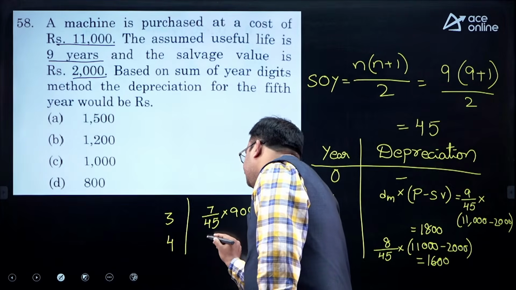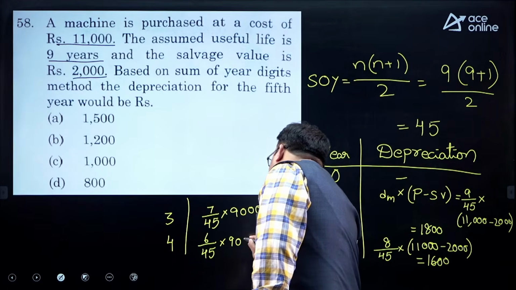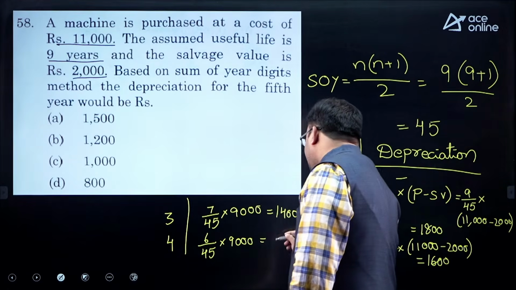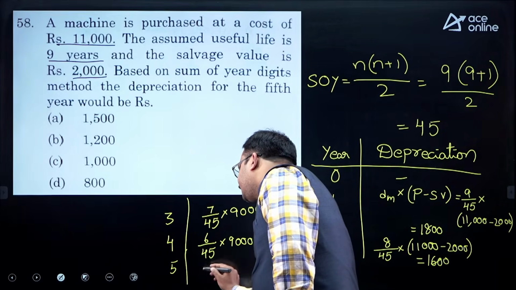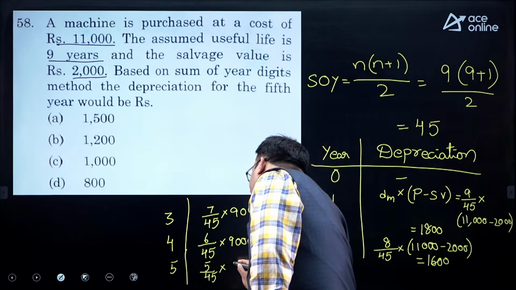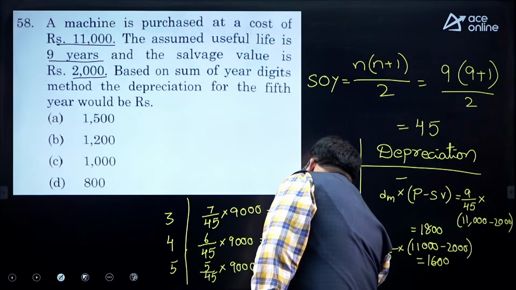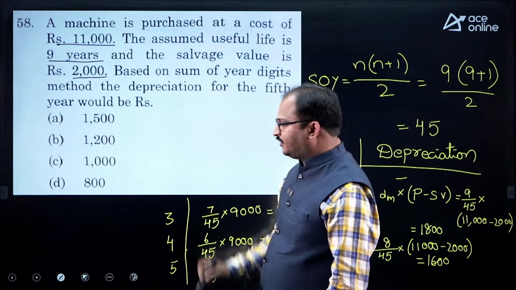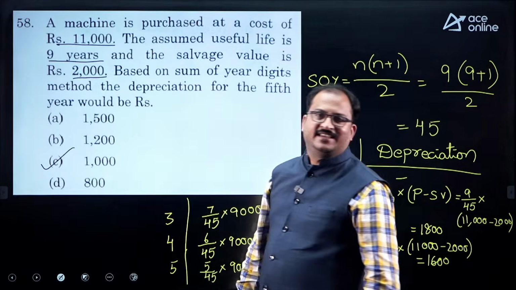In the fourth year, you take 6 by 45 into 9,000, which is 1200. In the fifth year, you take 5 by 45 into 9,000, so the depreciation will be 1000 rupees at the end of the fifth year. So the correct option for this question is option C.